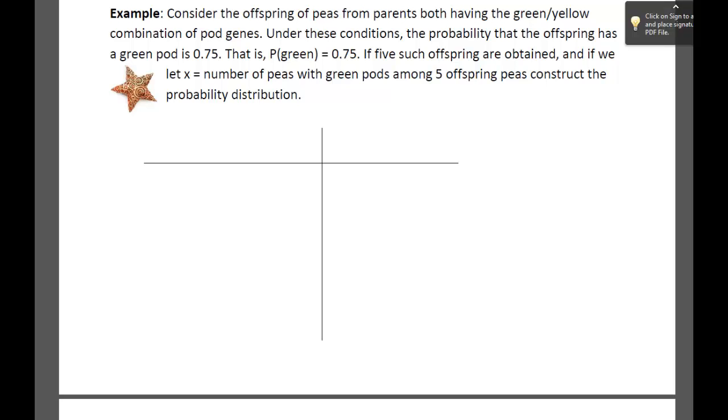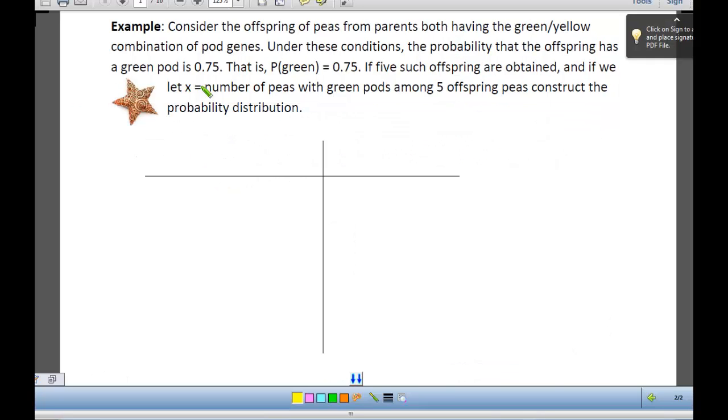That is, probability of green is 0.75. If 5 such offspring are obtained, and if we let x equal the number of peas with green pods, okay, right here we define that random variable. X is going to be the number of peas with green pods among the 5 offspring. They want us to construct the probability distribution, okay.